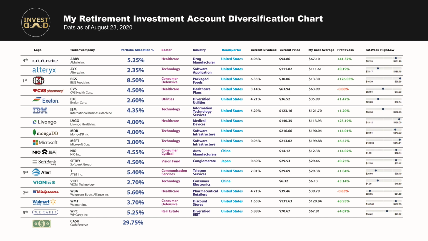Next, we'll look at the sector column in purple. You can see that the two biggest sectors I currently invest in are technology and healthcare. I personally believe these two sectors will reshape our future in the next 5 to 10 years, and therefore, my portfolio reflects such beliefs.